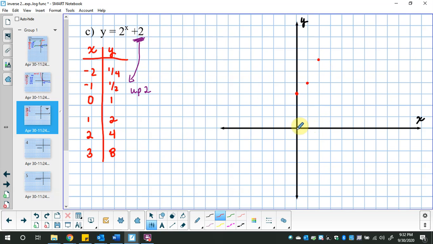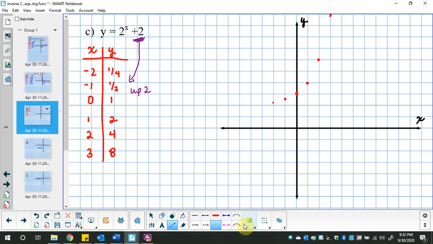And then 3, 8, but up 2. Oh, almost blew it again. Negative 1, a half, but up 2. Negative 2, a quarter, but up 2.